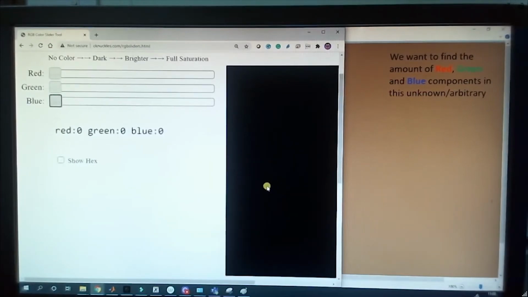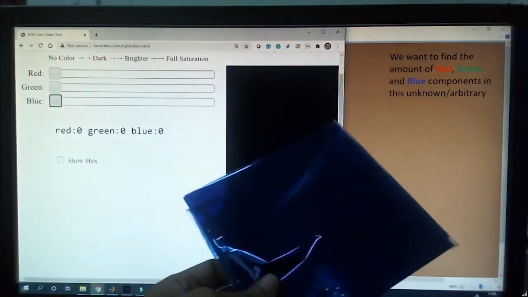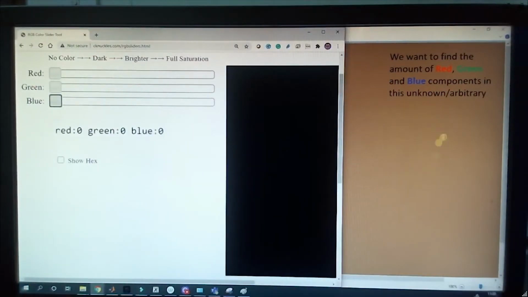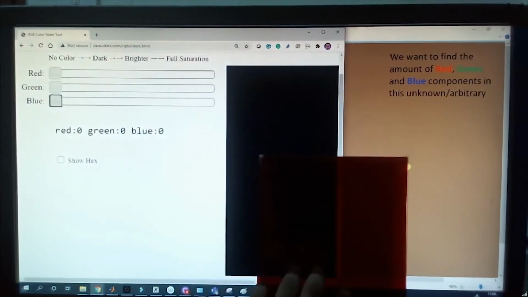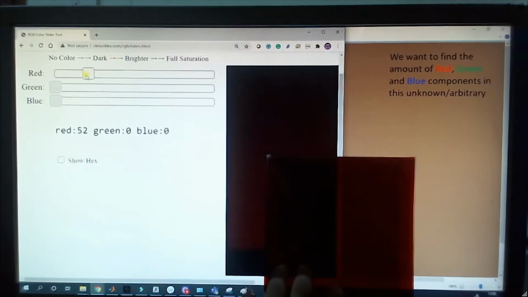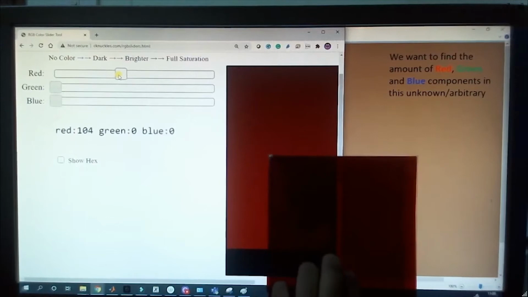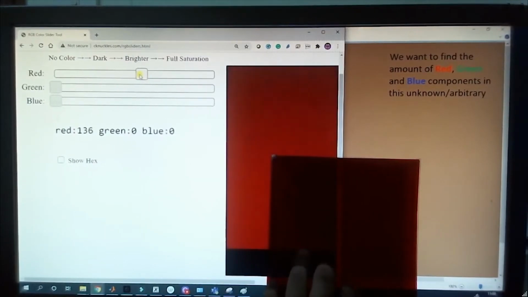Similarly, the green filter allows only green and the blue filter allows only blue to pass. Now to determine the amount of red in this unknown color, I shall hold this filter on top of this like this and adjust the amount of red until I see both these two parts having equal brightness.